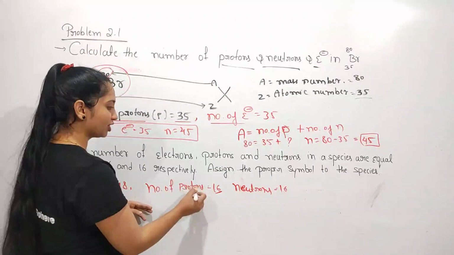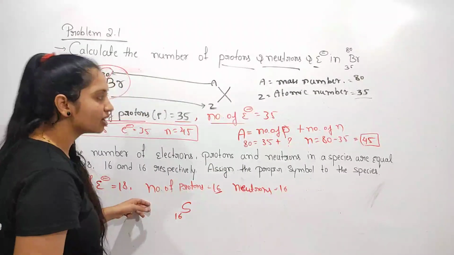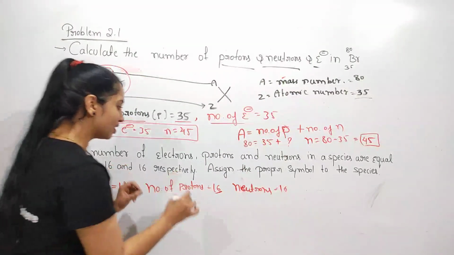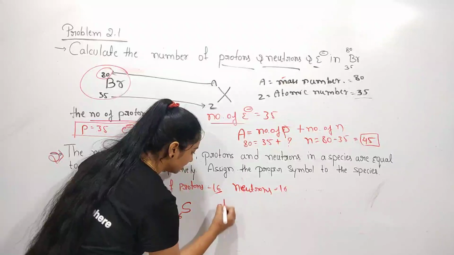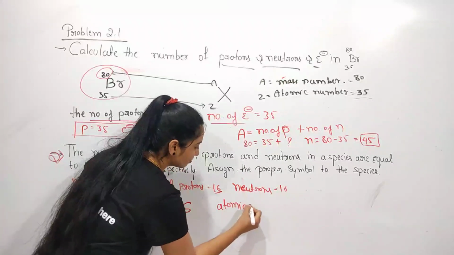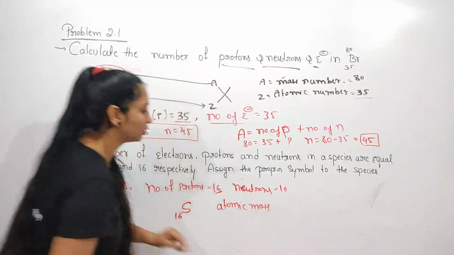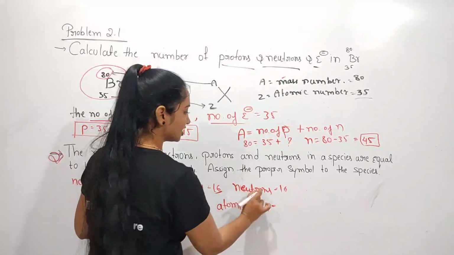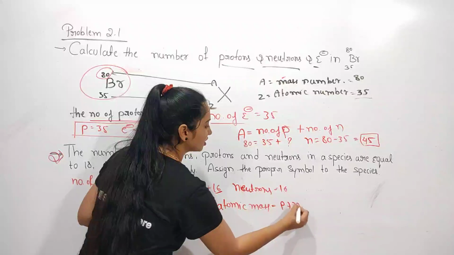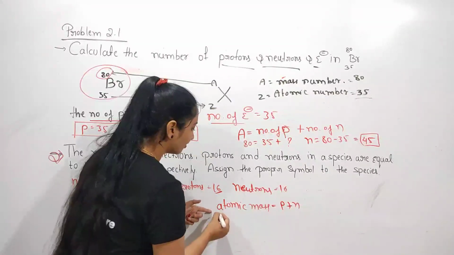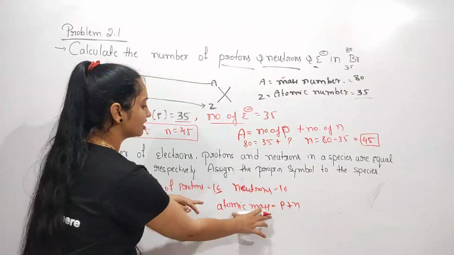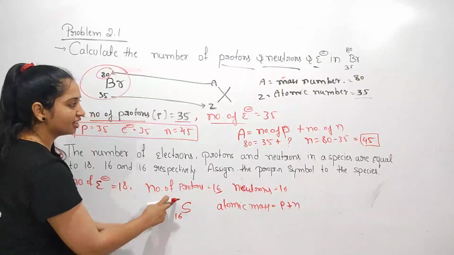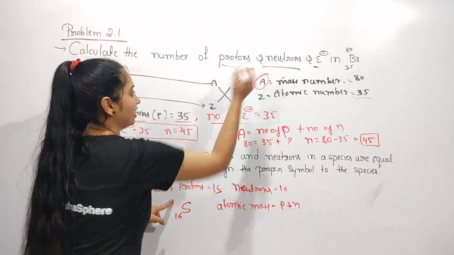Because the mass number, or the atomic mass, is equal to the number of protons plus the number of neutrons. Why do we want the atomic mass here? Because here we have to write the atomic mass in the place of A.